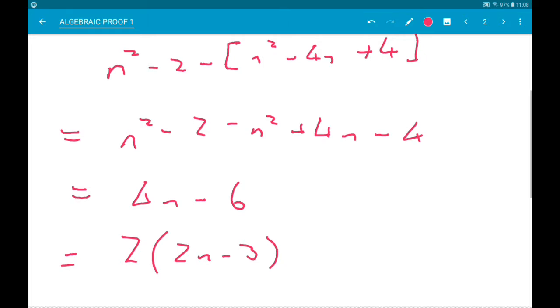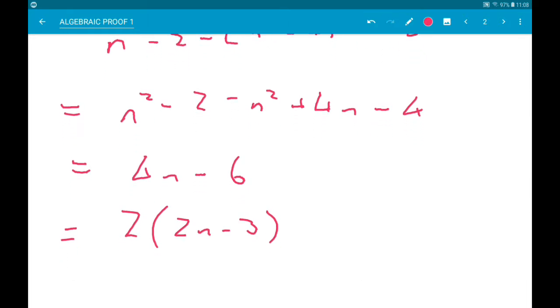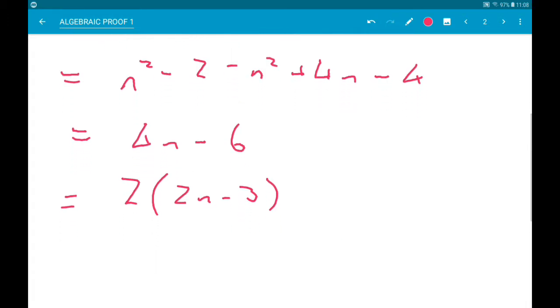Now we know 2n minus 3 is always going to be a whole number. And we know, because we're multiplying it by 2 on the outside, this is always going to be even. So we can then finish by saying, therefore, this is always even.